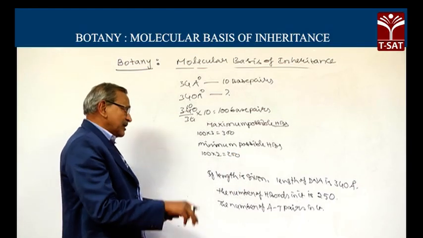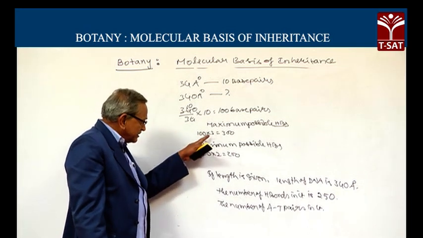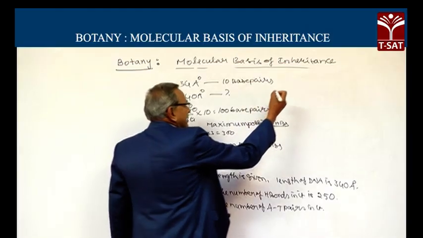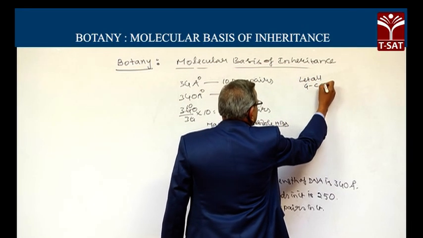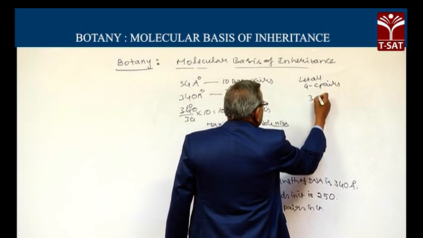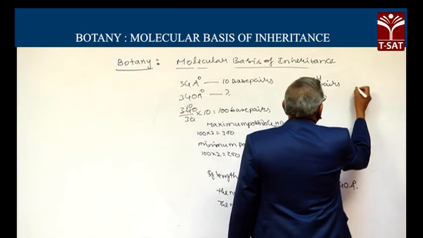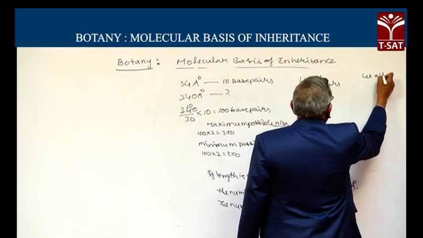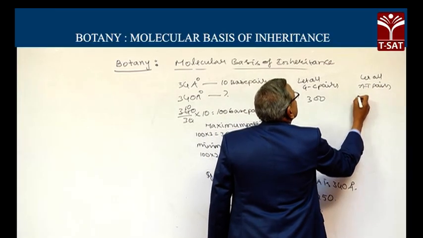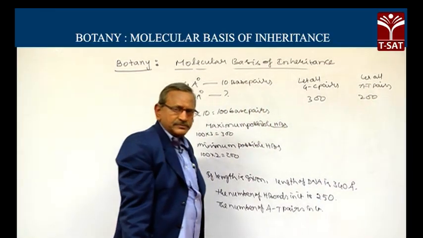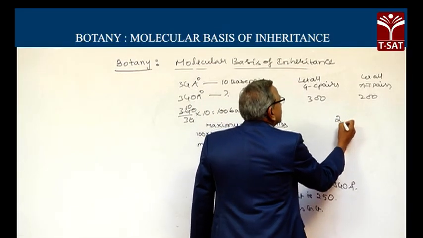If all our nucleotide base pairs are GC pairs, then we have 300. If all are AT pairs, we have 200. But what is our actual figure? 250.